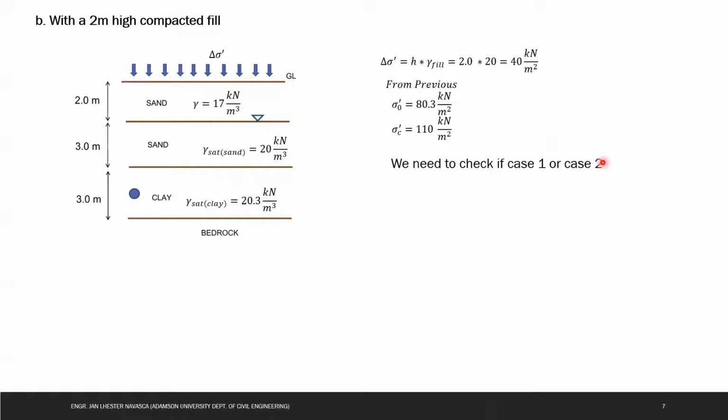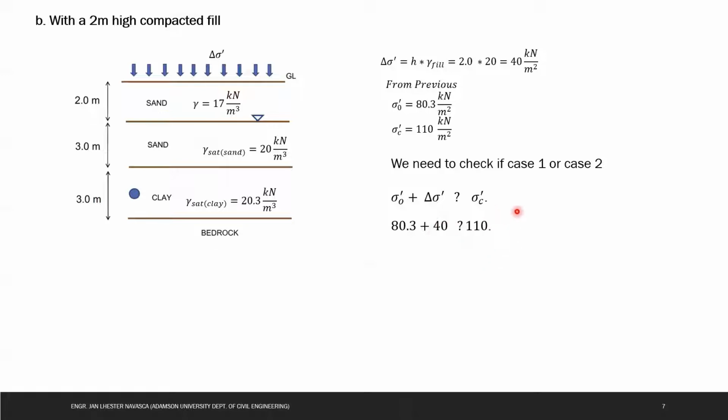Under an over-consolidated clay, we have 2 cases. So just check the sum of the overburden pressure, or the effective stress, plus the induced pressure, against the pre-consolidation pressure. Just add that: you get 80.3 plus 40.